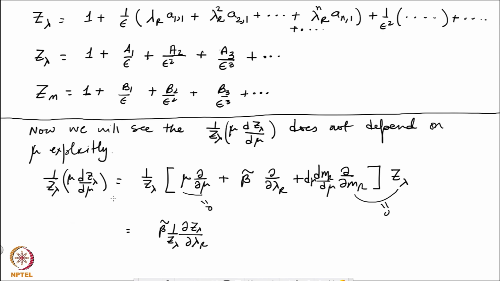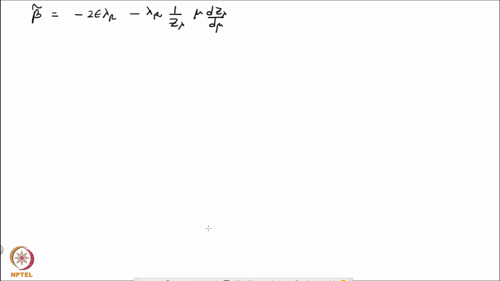Okay, so I will write it again. So that equation was beta tilde is equal to minus 2 epsilon lambda r minus lambda r times 1 over z lambda mu dz lambda over d mu, and I have found that 1 over z lambda mu dz lambda over d mu is beta tilde times this factor.